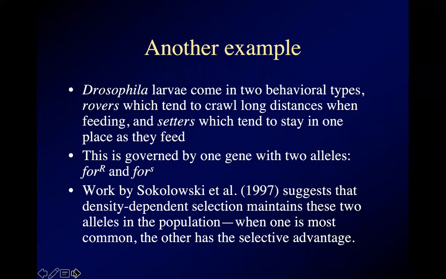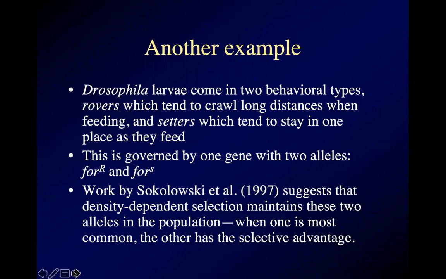The problem is when there are lots of setters in one place, they tend to deplete the food supply pretty quickly. So when setters dominate, rovers are favored because the rovers travel away and can find new sources of food away from the ones that the setters have consumed.